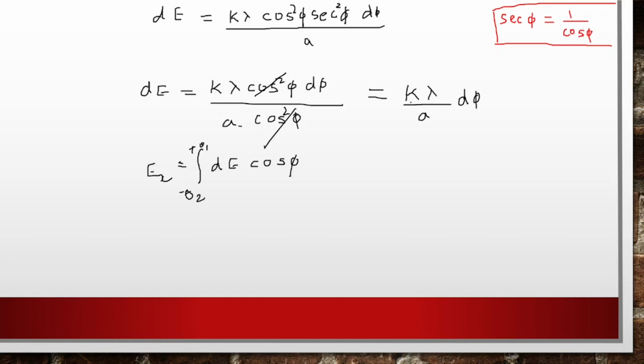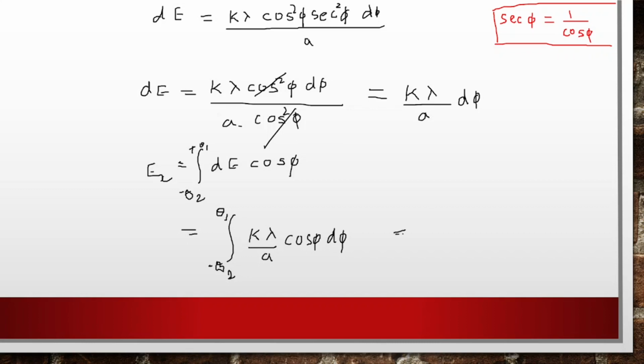Now let's apply the equation for dE here. We get integral from minus theta 2 to theta 1, instead of dE, k lambda by a d phi, times cos phi d phi. Since k lambda by a is constant, we can take this whole term out of the integral.